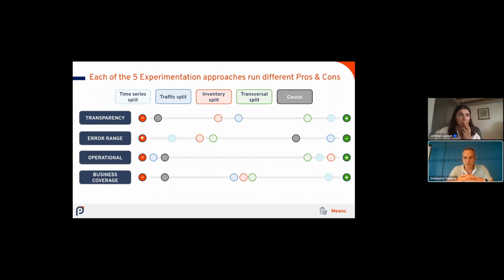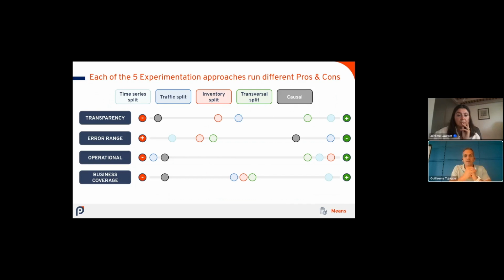And finally, the business coverage. This criterion is quite important because usually what we hear is, I'm willing to adopt a method which is not going to jeopardize my capability to optimize my performance on the largest scope possible. Again, the causal impact ranks poorly, because usually we need a lot of categories or channels which are not exposed to the price change in order to measure properly.